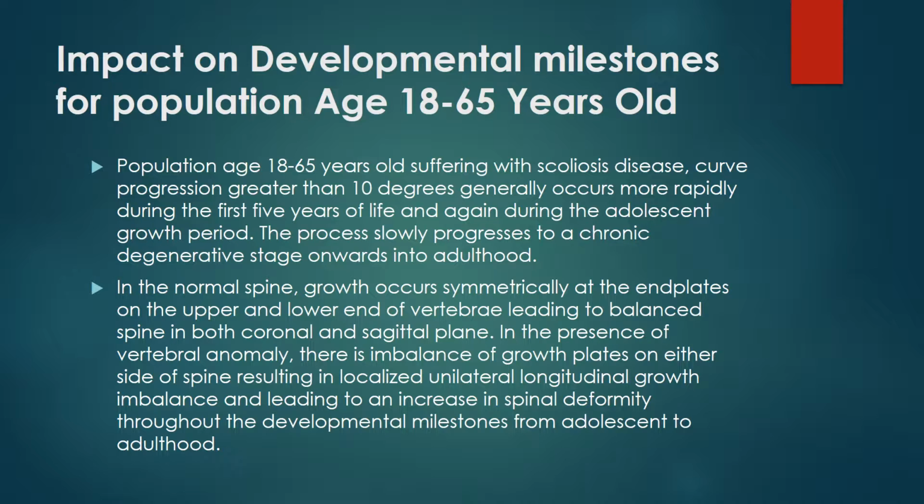In the presence of a vertebral anomaly, there is imbalance of growth plates on either side of the spine, resulting in localized unilateral longitudinal growth imbalance and leading to an increase in spinal deformity throughout the developmental milestone from adolescence to adulthood.